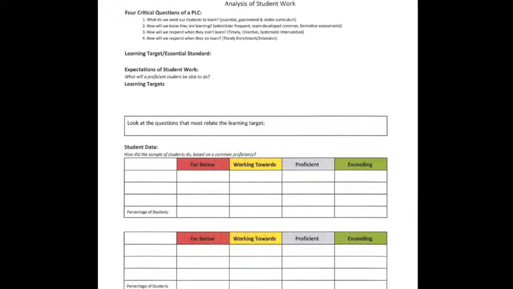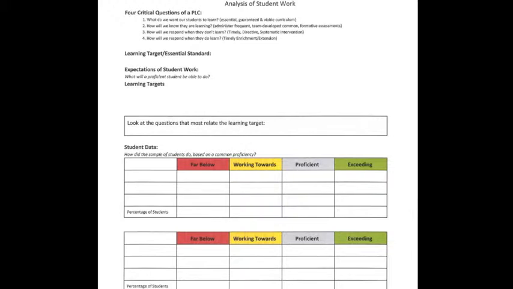Okay, now we're going to transition from our comments about how using the proficiency scale actually helps with the analyzing student work process by looking at and actually going through some of the protocols and the process involved in this.